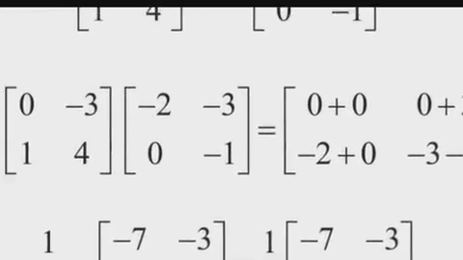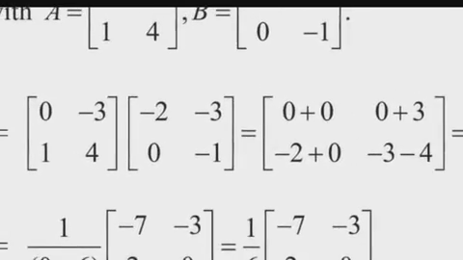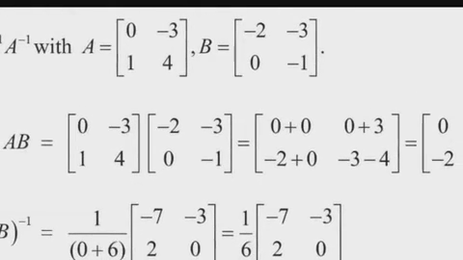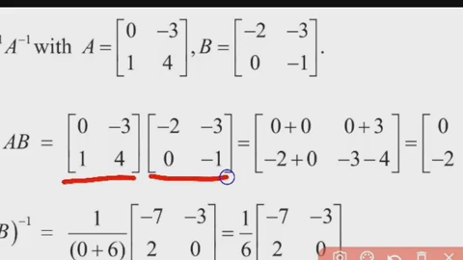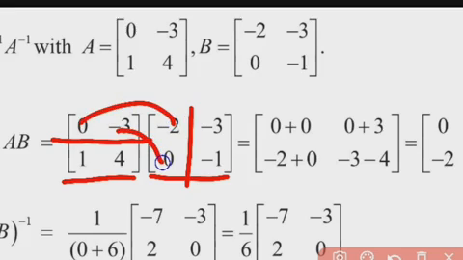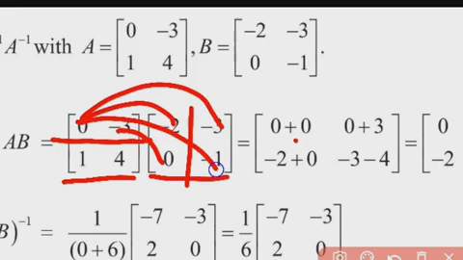We multiply A's rows with B's columns: 0 into -2 is 0, -3 into 0 is 0. Next, 0 into -3 is 0, -3 into -1 is plus 3.